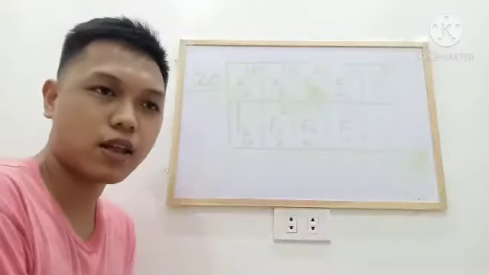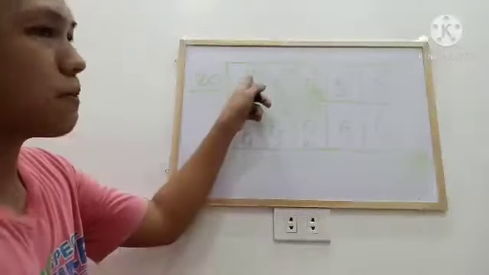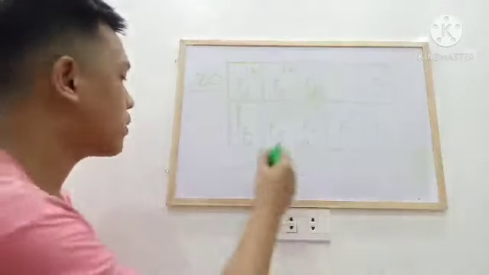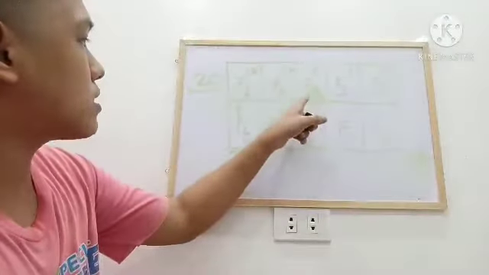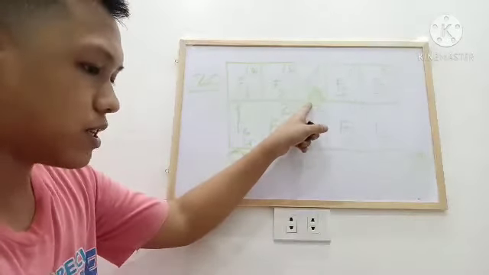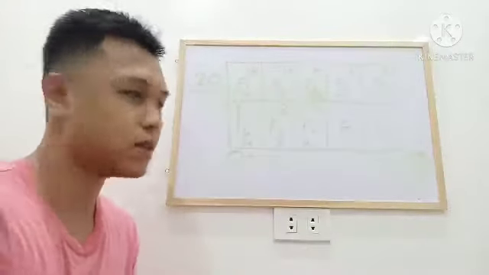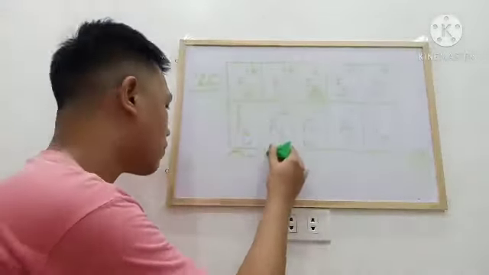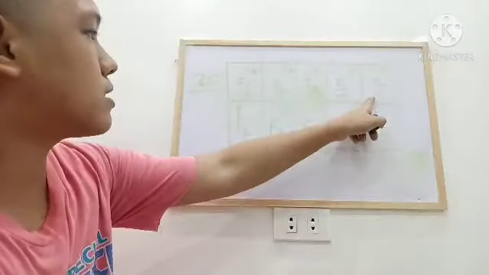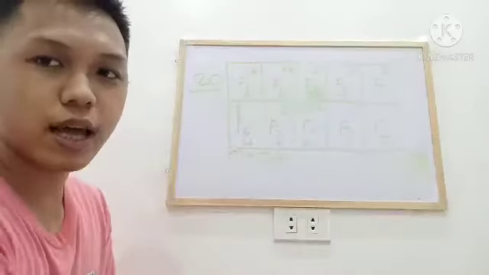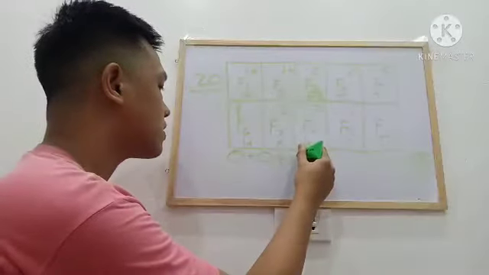So plain arch is not under the whorl type of pattern, so we will not get its numerical value. So we just put 0. Plus finger number 3, which is R, which is radial loop, which is under the loop type of pattern. So it's not whorl type, we will just put 0. Next is finger number 5, which is tented arch, which is under the arch type of fingerprint. It is still not a whorl type of pattern, so it's still 0.